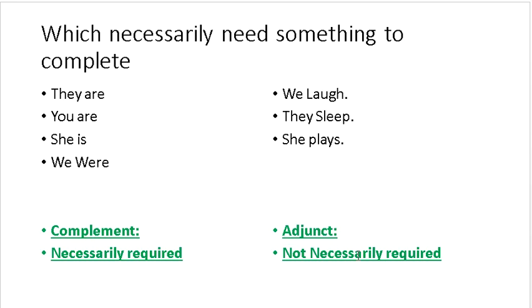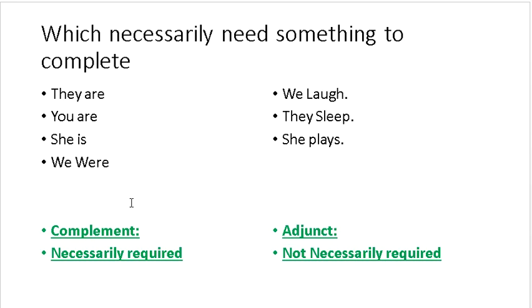So the adjunct is a thing which is not necessarily required, which can be called modifier, which modifies the sentence further, which gives us more clarity, but it is not necessarily required. Whereas complement is the part and parcel of a group of words or a sentence. If we are not adding it in the sentence, then the sentence is not complete.